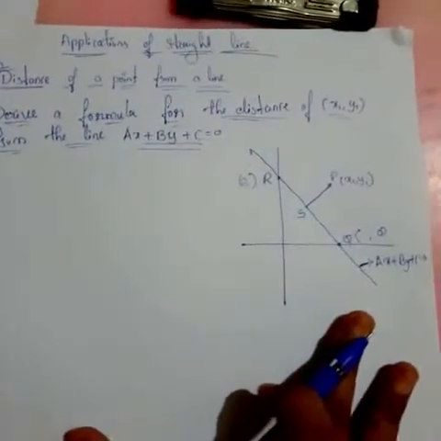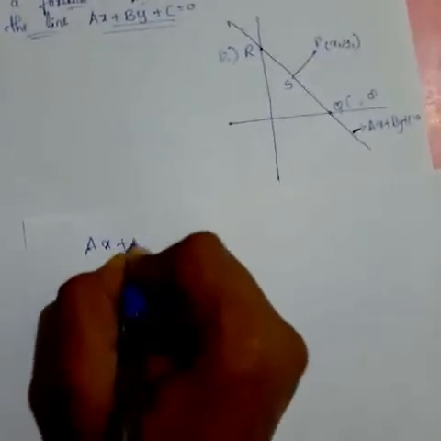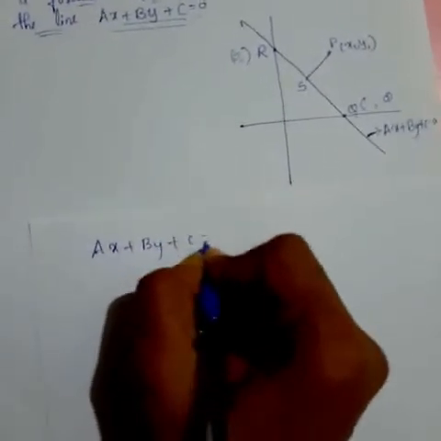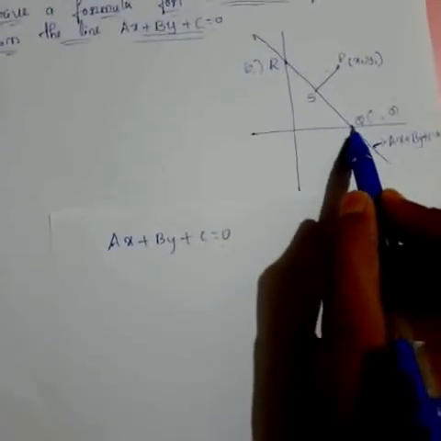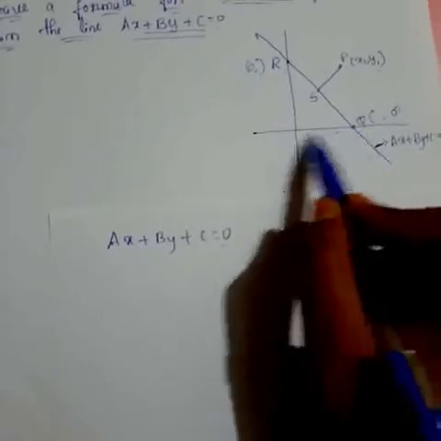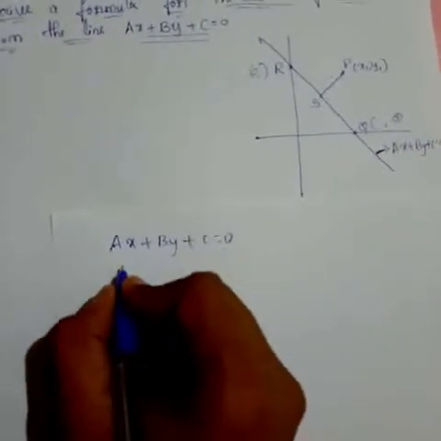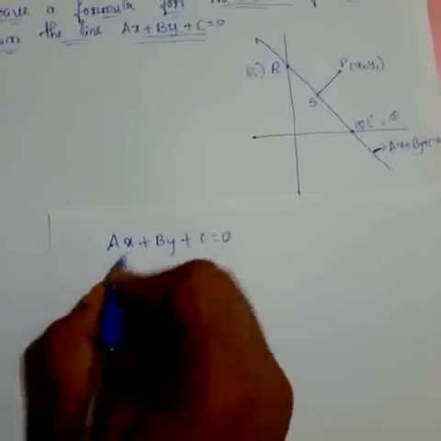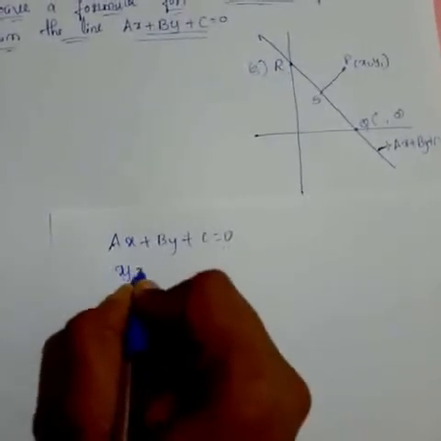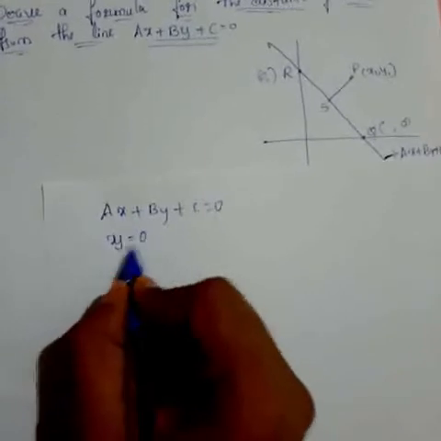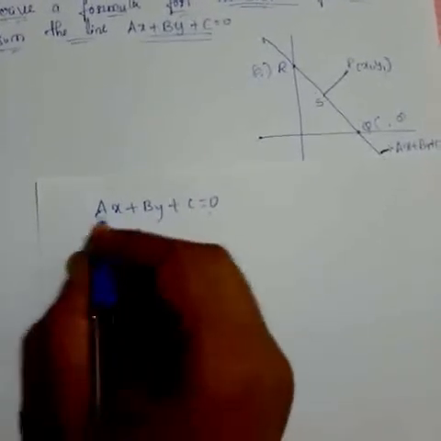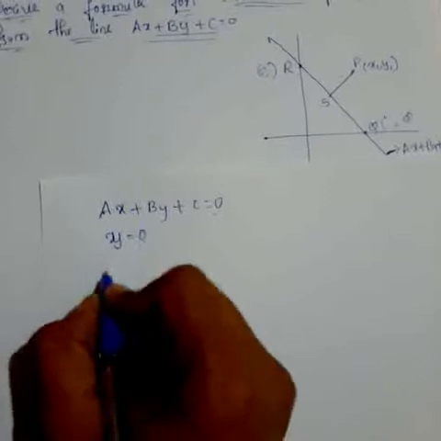How to find these 2 coordinates? See here, the line's general equation is ax plus by plus c is equal to 0. We need this point which lies exactly on the x-axis, so the y coordinate should be 0. It means we have to put y is equal to 0 in this equation, and using that we find the x value.